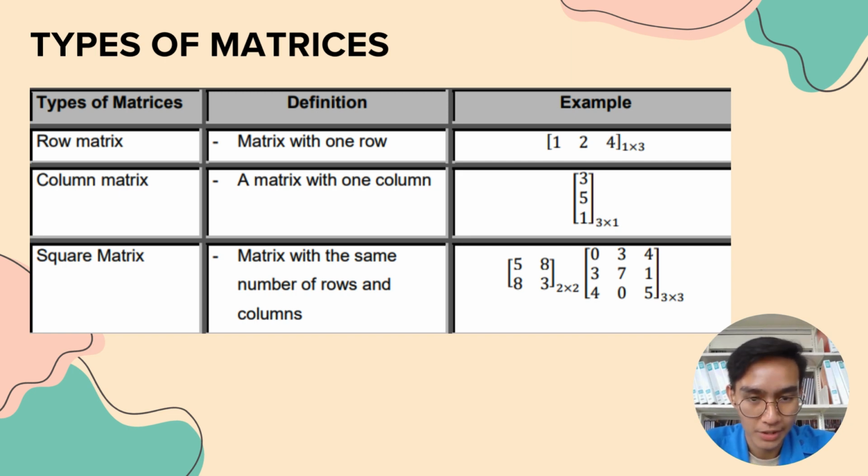Hence, the rows have 2 and the columns have 2. And for the second example, 0, 3, 4, 3, 7, 1, 4, 0, 5. The order is 3 by 3, which is the number of rows is 3 and the number of columns is 3 also.